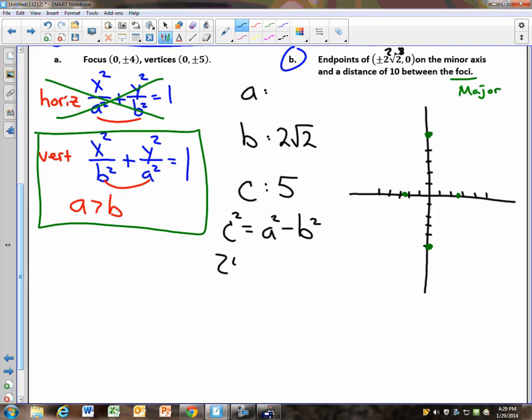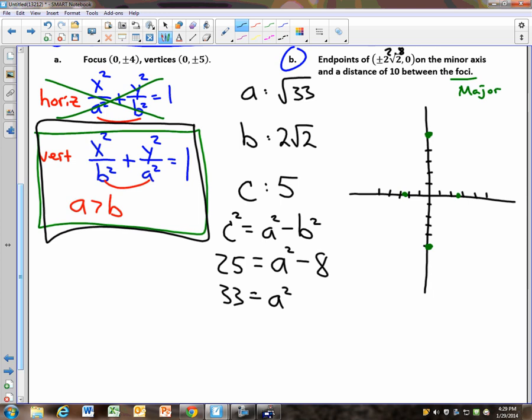So 25 is equal to A squared minus, 2 roots of 2 squared gives me 8. Add my 8 over to the other side, 33 is equal to A squared. So A is equal to the root of 33.